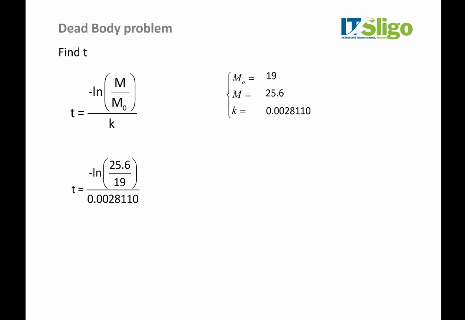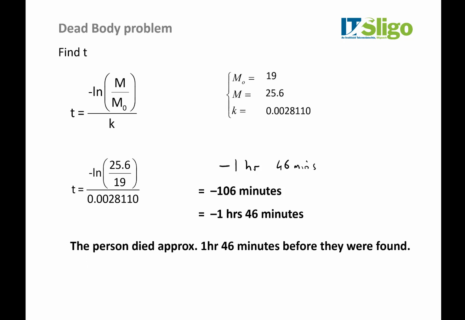Feed these values into our function, and we get minus 106 minutes. So that's 1 hour and 46 minutes before the police detective took the first temperature. So the person died approximately 1 hour 46 minutes before they were found. Often this is quite hard.